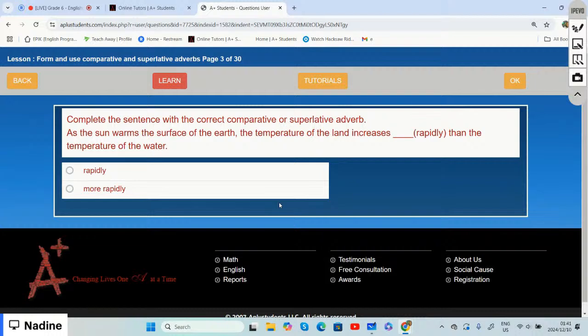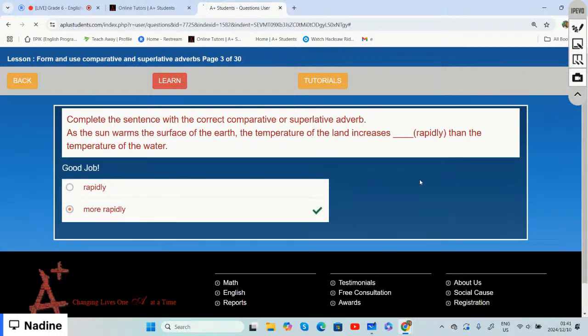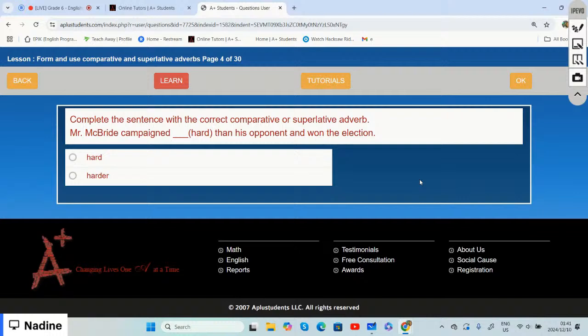And we can then say that it increases more rapidly than the temperature of the water. All right, so more rapidly, which means that that is a comparative adverb. More rapidly, it's a comparative adverb, not superlative.